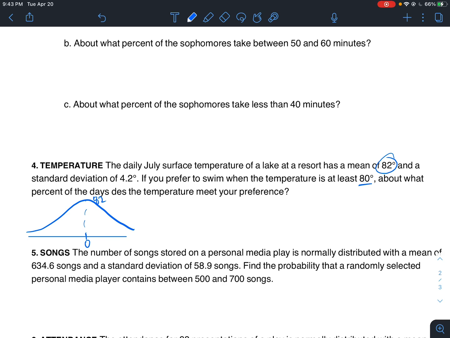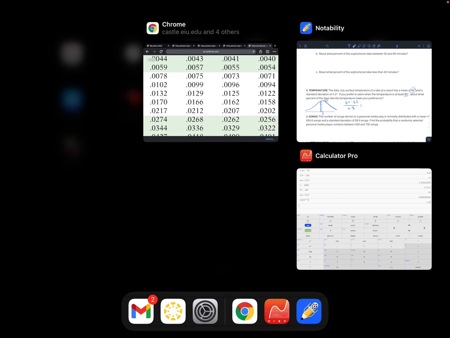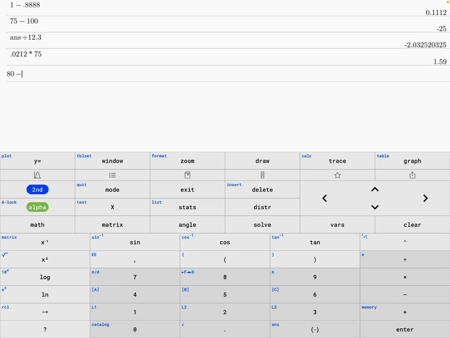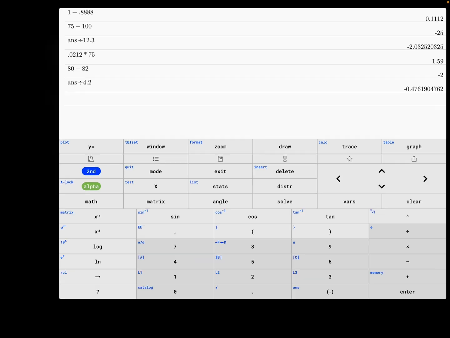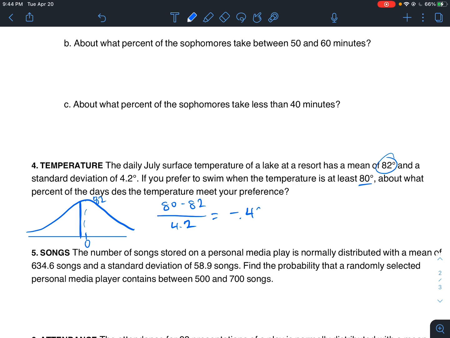So I'm going to find the z-score for 80: subtract the mean and divide by the standard deviation of 4.2, and I get negative 0.48. So 80 degrees is negative 0.48 standard deviations away from the mean.